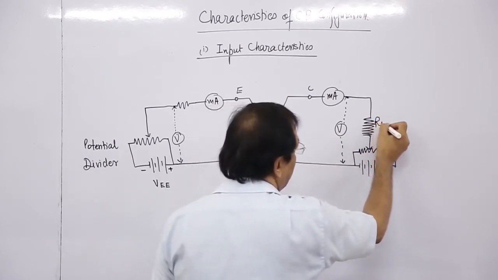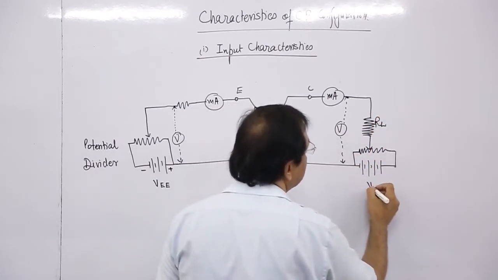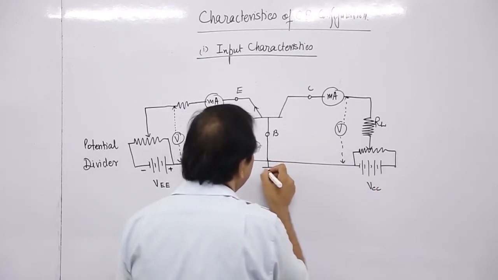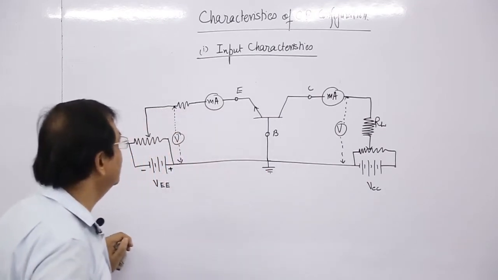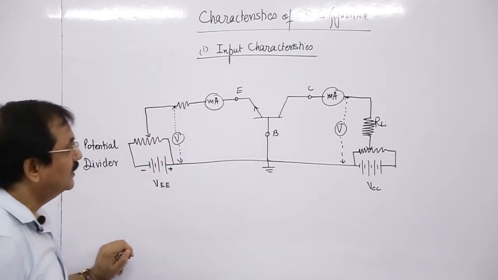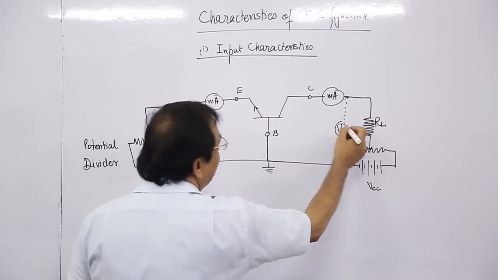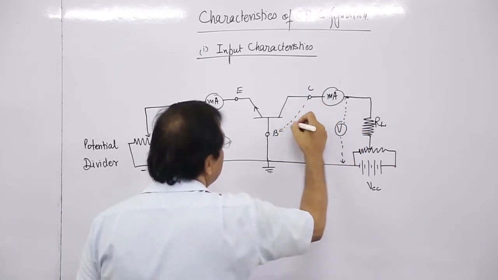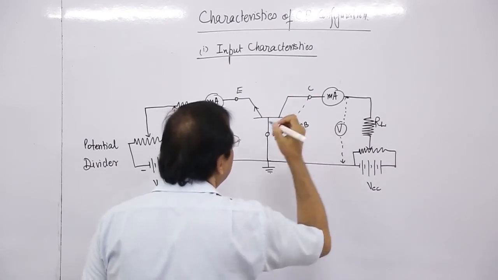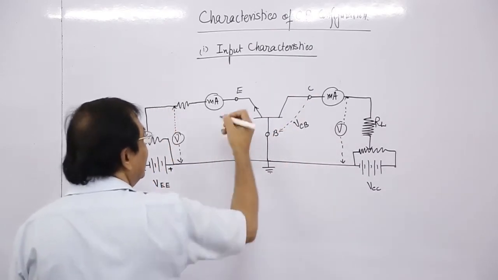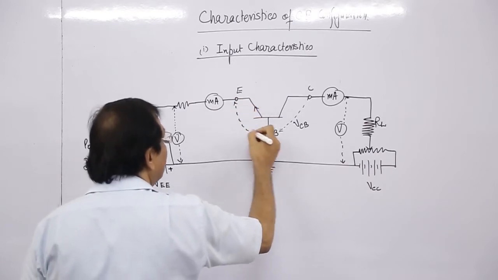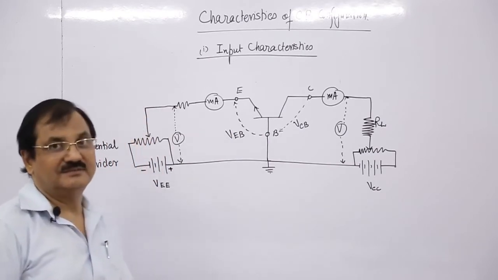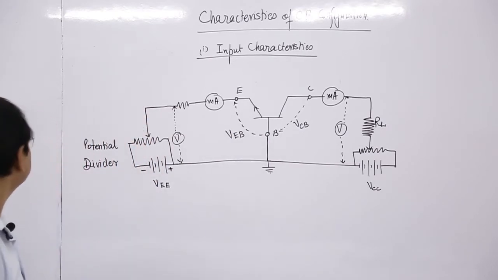This is your RL, this is your VCC, VEE, VCC, and this one is grounded. This value of voltage is VCB, base and collector. This value is VEB, base and emitter.